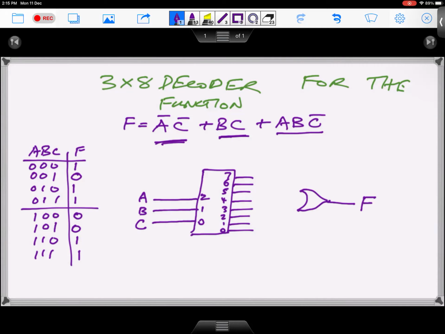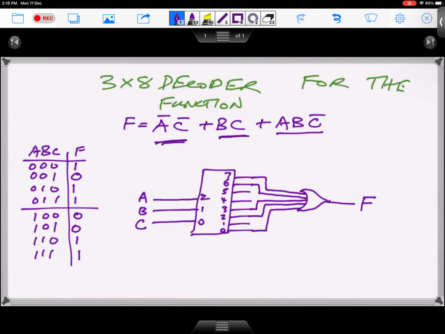Now the 1s are on 0, 2 and 3, and 6 and 7. That's all that was required. And if you had everything there looking exactly like that, then you got 4 marks.